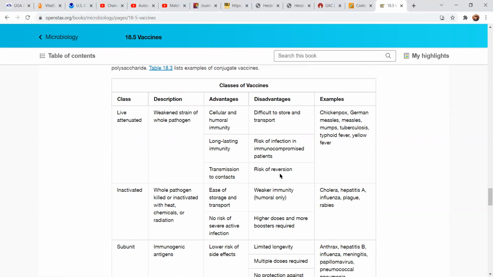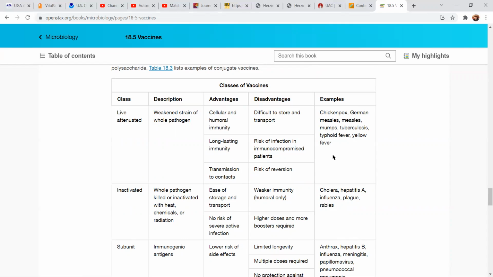And a lot of these are effective against viruses. And so when we say live, remember, viruses aren't alive. What we're referring to is that it is the entire pathogen, but it's just been weakened. Inactivated means that it's the entire pathogen that has been killed or inactivated.